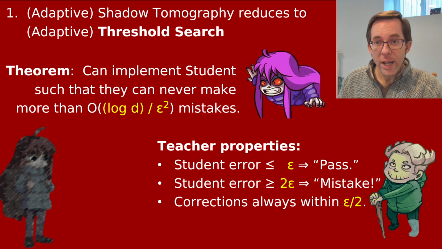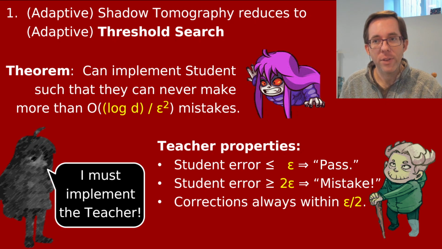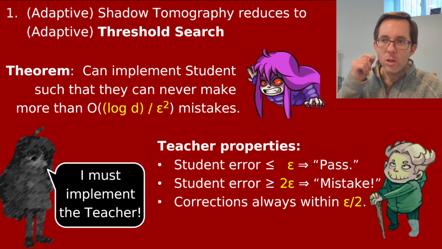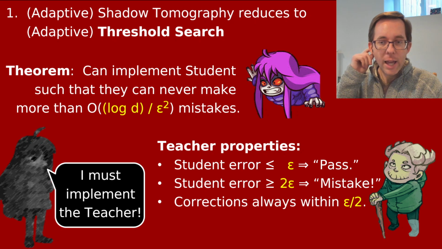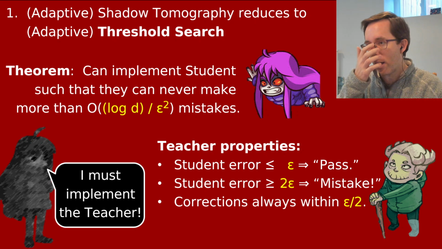Okay, so that's great, but we're talking about shadow tomography. And so you see what we need for shadow tomography is for the student to implement the teacher. So in the shadow tomography problem, you actually have access to rho as the learner, and you can implement this student strategy, which is good, so that you'll never make any more future mistakes about your estimates.